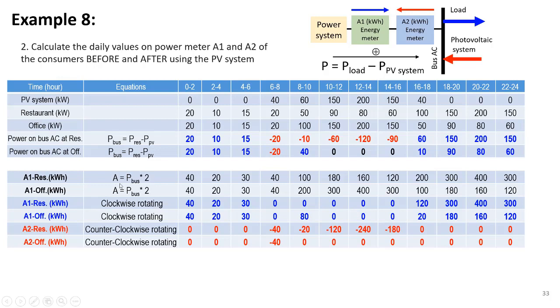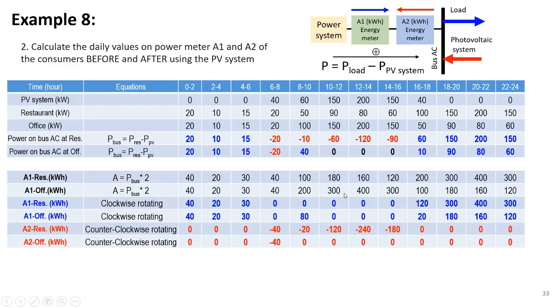The number 2 in the formula A equals P bar times 2 is because each period is 2 hours. In the lower table, the first two rows are the energy consumption of the two customers without PV systems. The next two rows in blue are the energy amount from the grid that they consume.